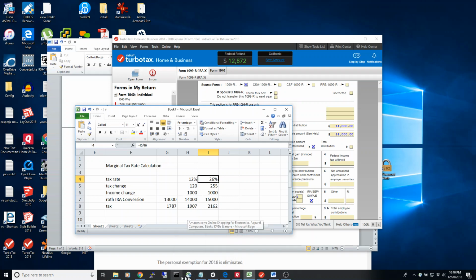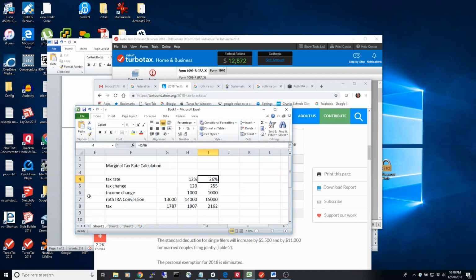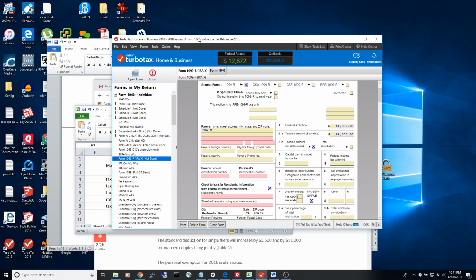So as you can see, it's kind of a strange thing. I bumped by $1,000, and now I'm from the 12% all the way into the stratosphere of the 26%. So I know I've got to stop at somewhere around $14,000 in IRA money.